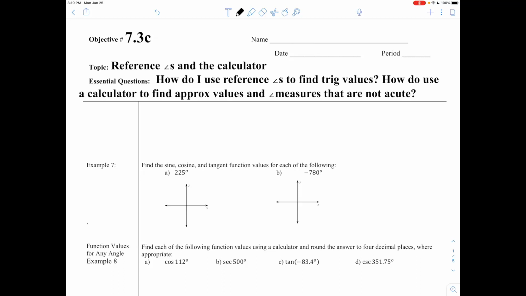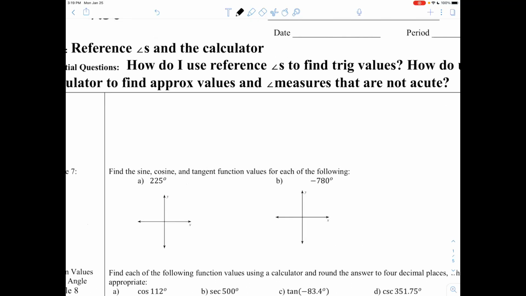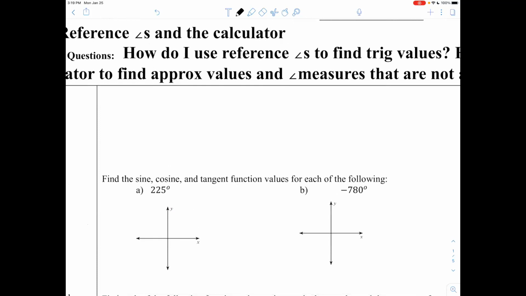Okay, so first I just want to really define reference angles. So we're going to start with this.